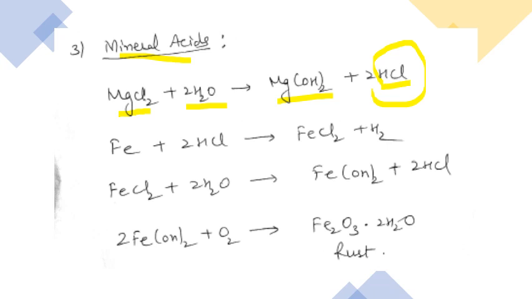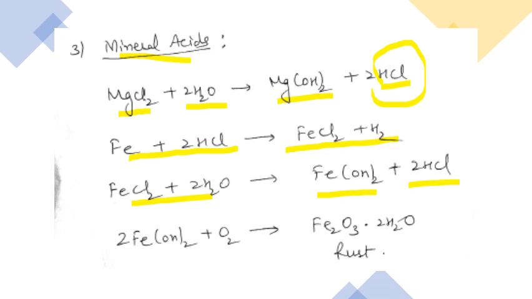So when it forms, its concentration increases, and it reacts with the iron to form ferric chloride and hydrogen, and then it reacts with the water to produce ferrous hydroxide. It starts reacting again.